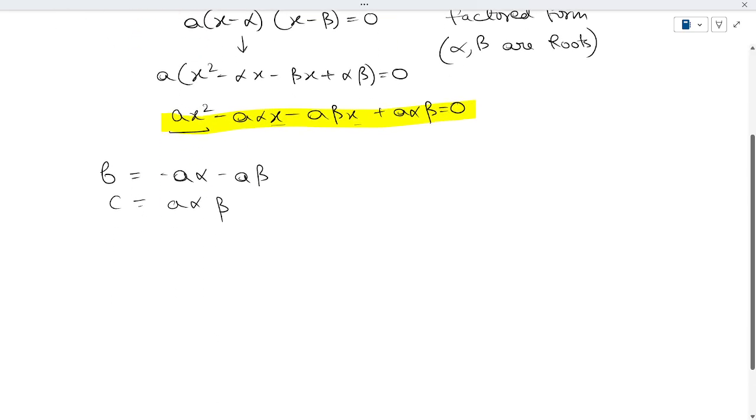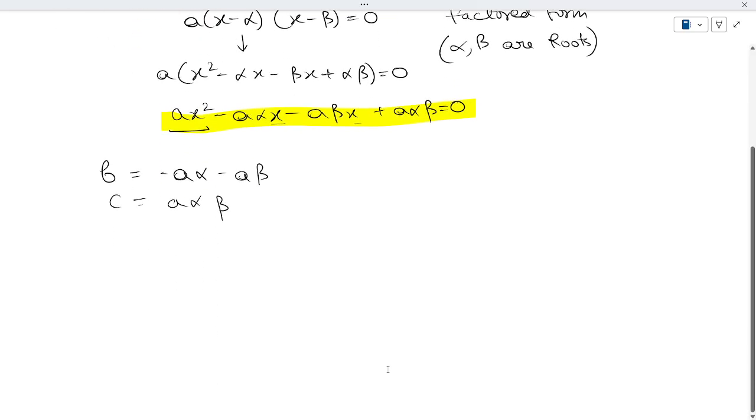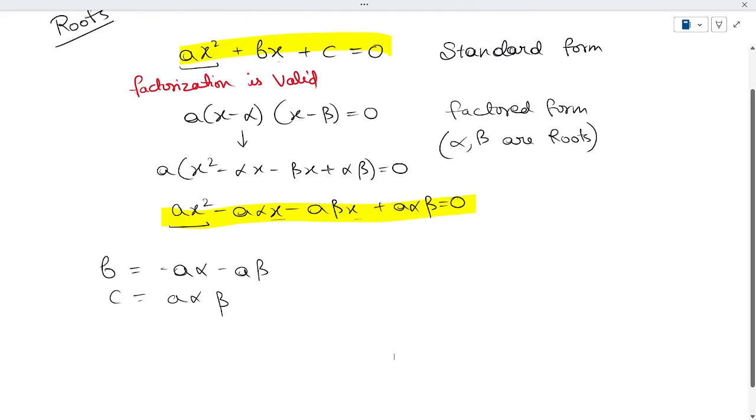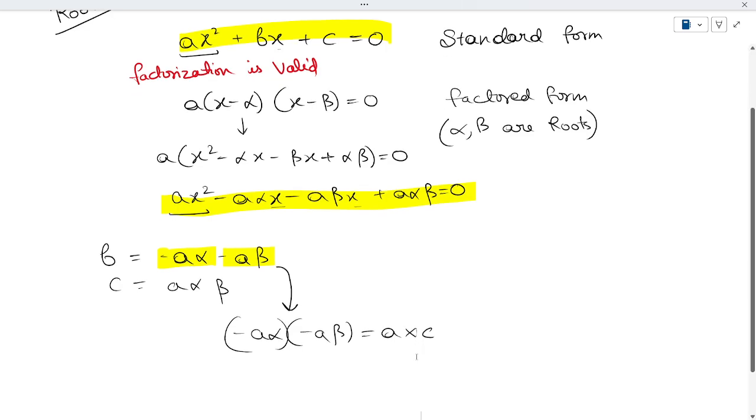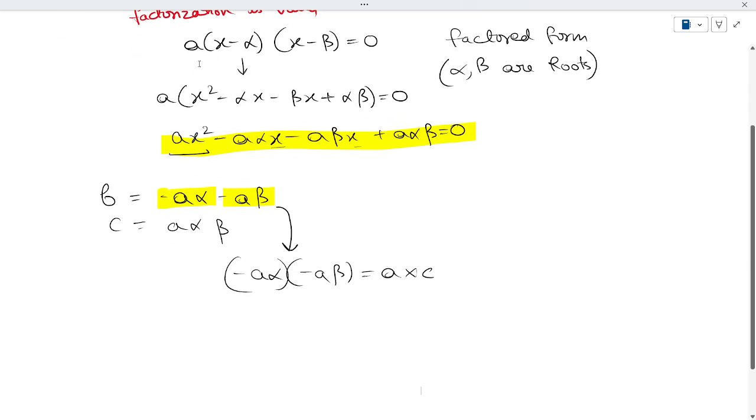So we are assuming that factorization is valid here. So we can say that this b term breaks into two parts, and the multiplication of these two parts will be equal to a into c. What is a into c here? a is your x square coefficient and c is a alpha beta.